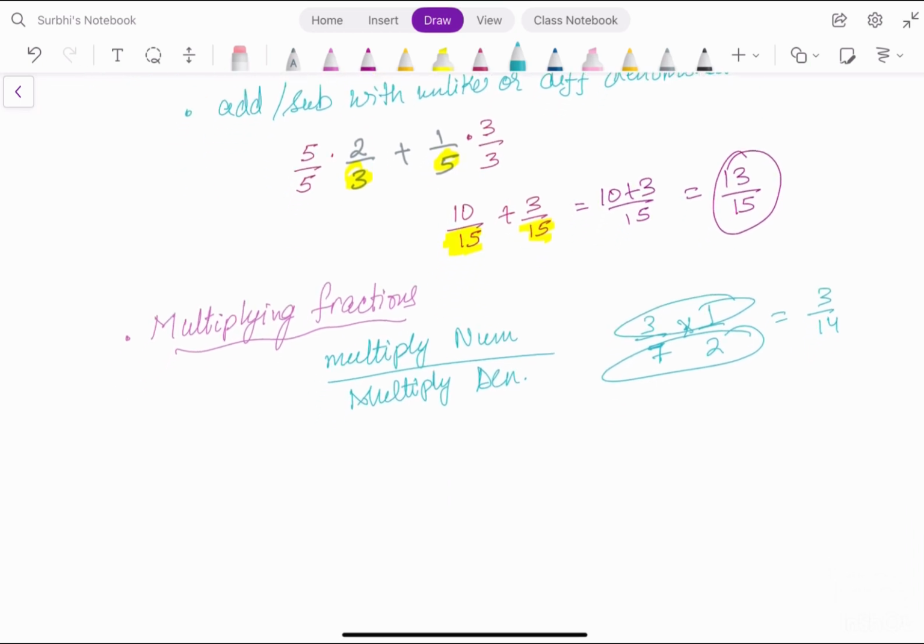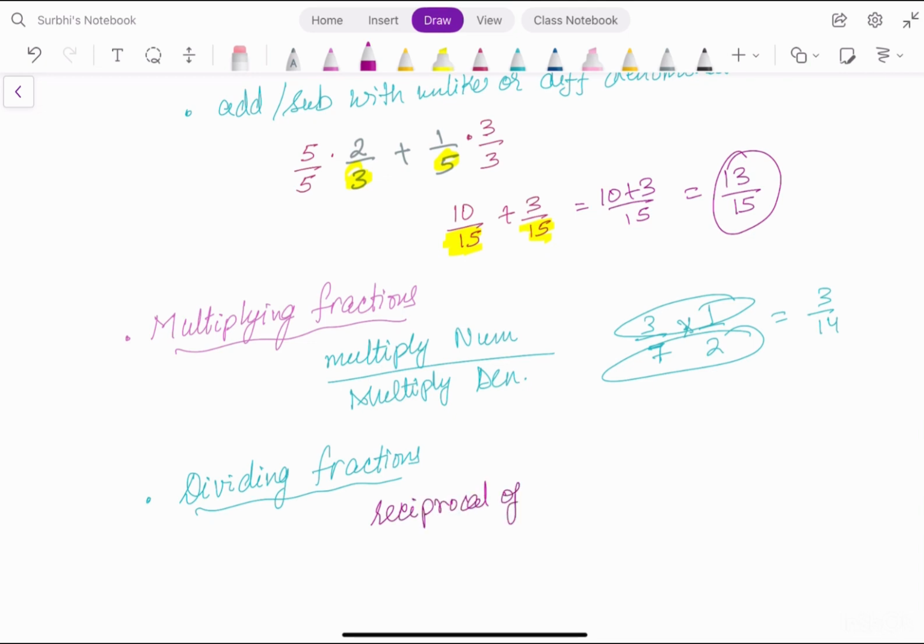Now let's revisit how to divide fractions. You might have learned dividing fractions in elementary school with the area model, and that was painful, right? So we have a shortcut to divide fractions. I have made another video on the shortcut to divide fractions, and you can find the link for that on the upper right corner.